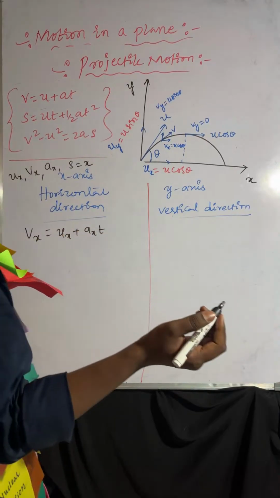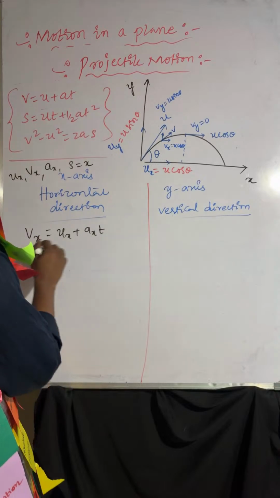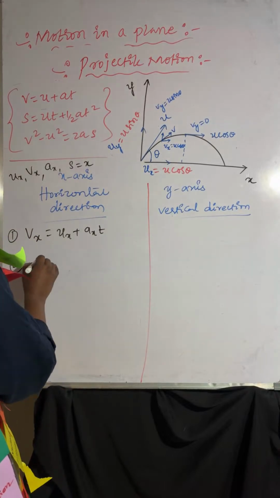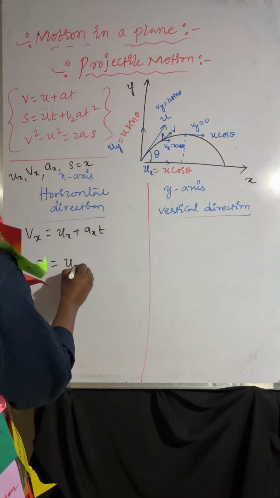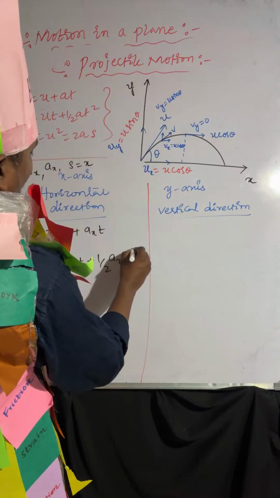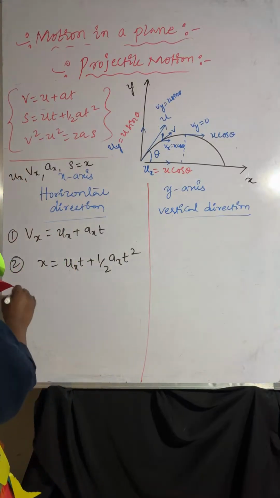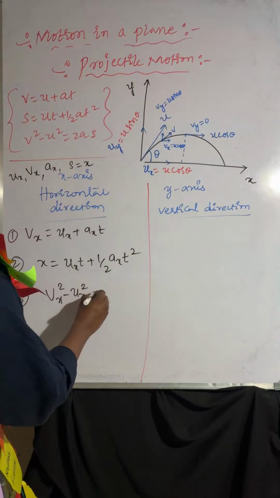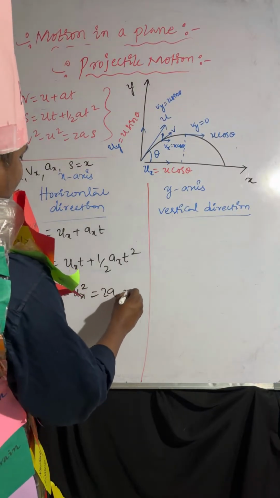T is the same. Then x equals ux t plus half ax t square. And coming to the third equation, vx whole square minus ux square equals 2ax x.